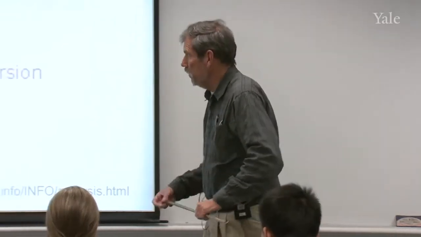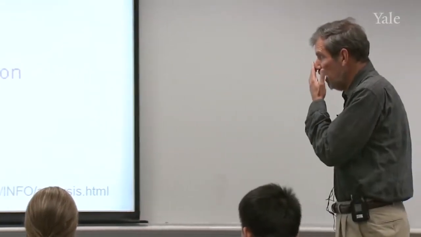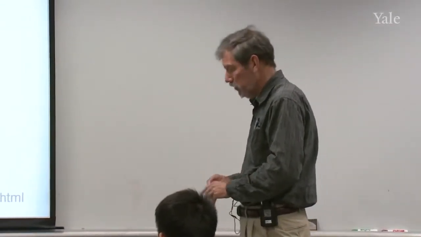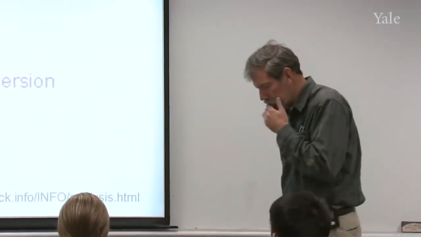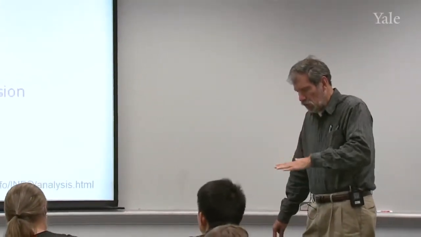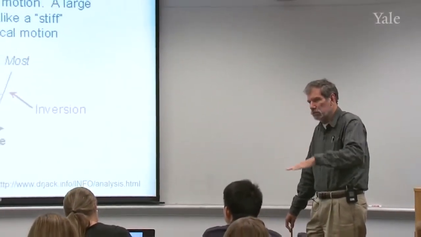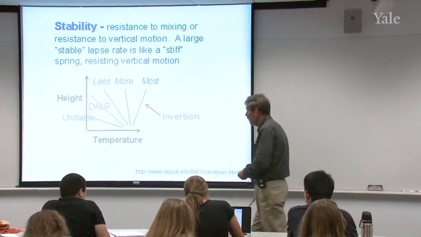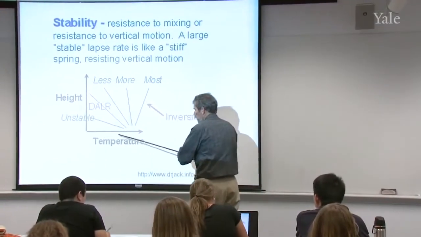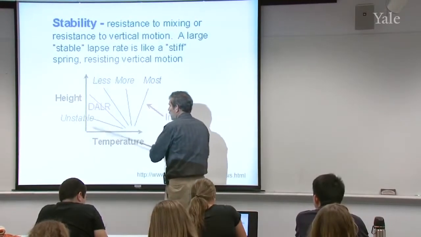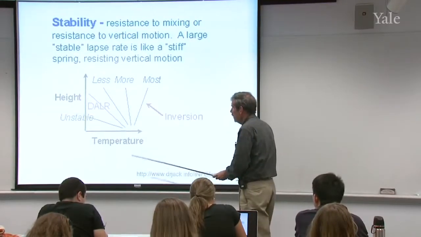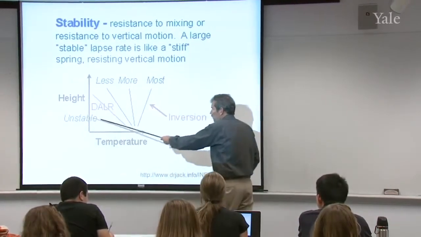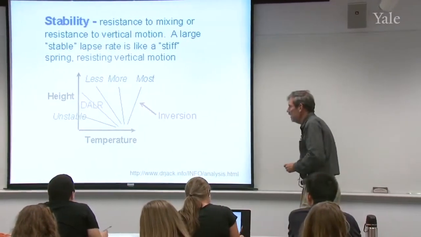All right, so this is the diagram that I had on the board a little bit differently, but I was defining atmospheric stability as the resistance to vertical motion. This is a plot of temperature on the x-axis versus height on the y-axis. And we put on there a reference line, which this author has written DALR.